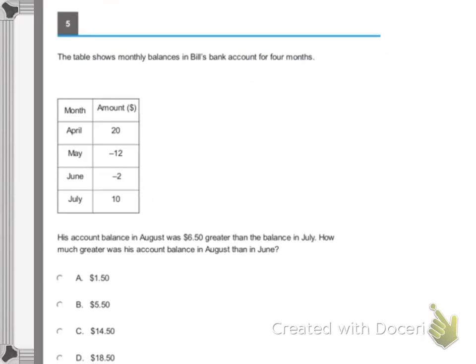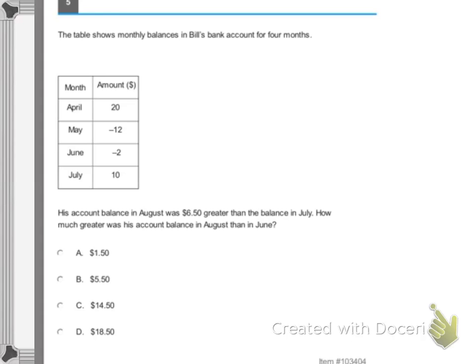Number 5. The table shows monthly balances in Bill's bank account for 4 months. His account balance in August was $6.50 greater than the balance in July. How much greater was his account balance in August than June? Okay, so it says that his account balance in August, let me just write this August here, is $6.50 greater than July.